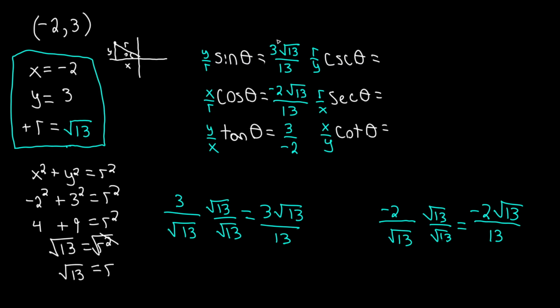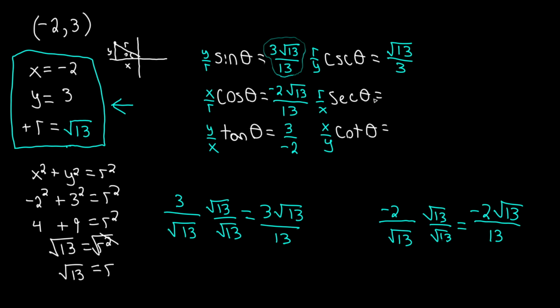Let's do our reciprocals. So the reciprocal of sine, which is y over r, the reciprocal cosecant is r over y. Now I wouldn't just flip what we put in here, because then I would just be putting the square root in the bottom again and I would have to undo it. So I would just come back to our information over here and say, all right, r over y is the square root of 13 over 3.